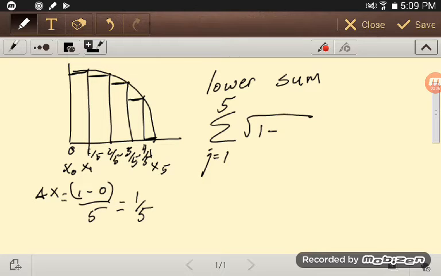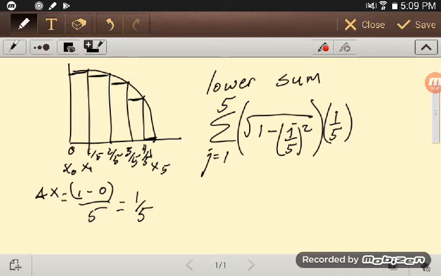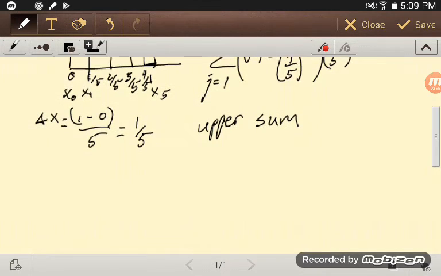So I have the square root of 1 minus j divided by 5 squared, and then times my delta x, which is 1/5. And so there's my lower sum.